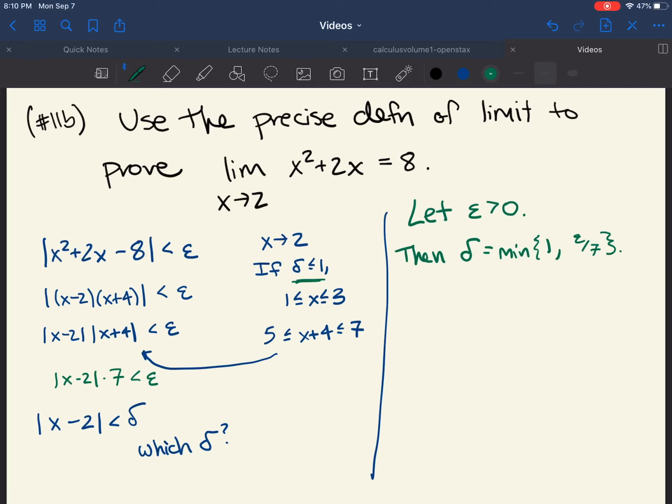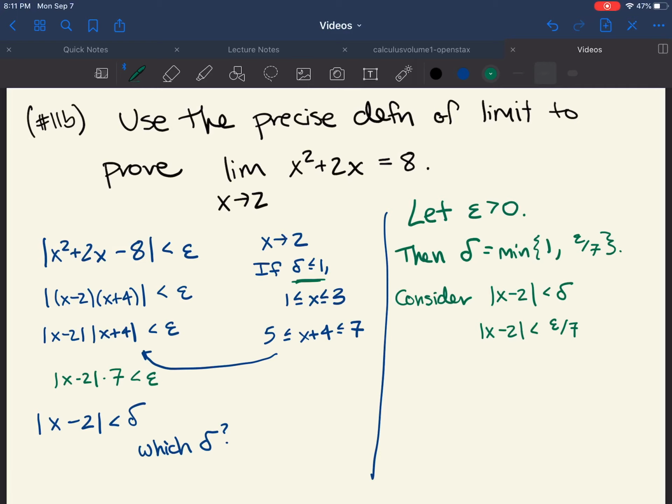Okay, so that seems a little bit mysterious, but now consider |x - 2| less than this delta, which means in particular |x - 2| is less than epsilon over 7.